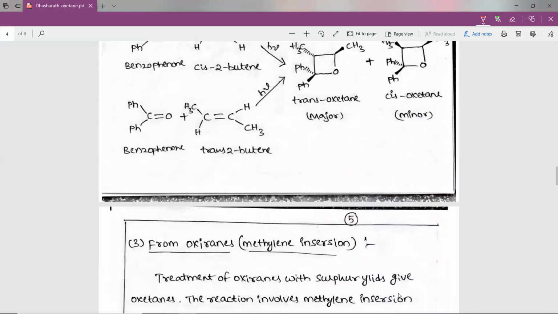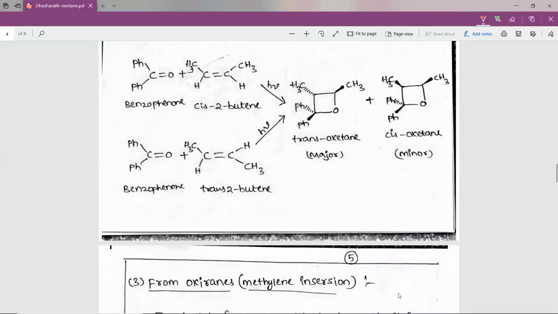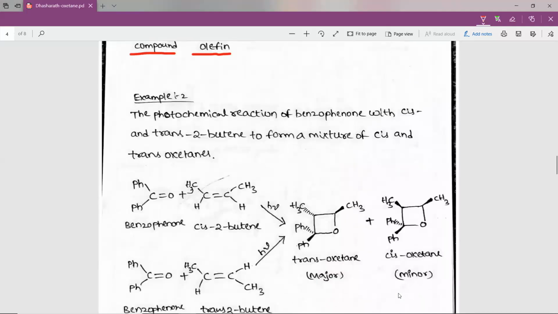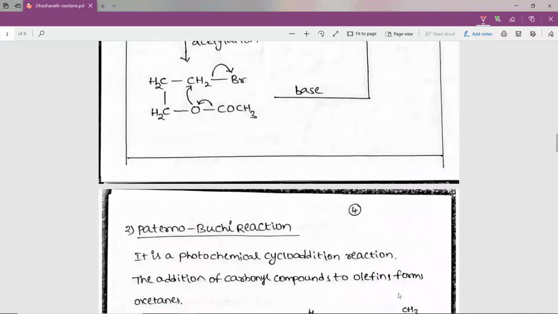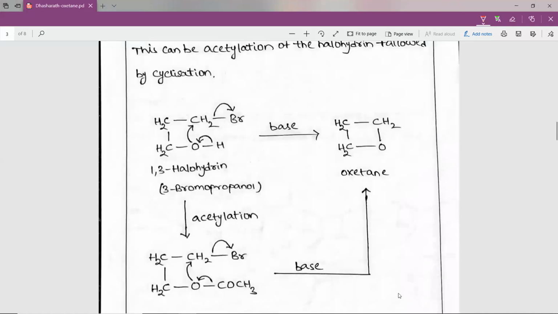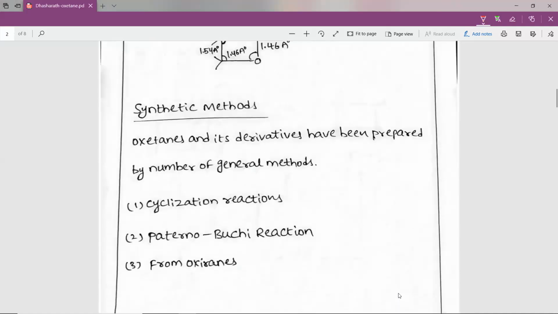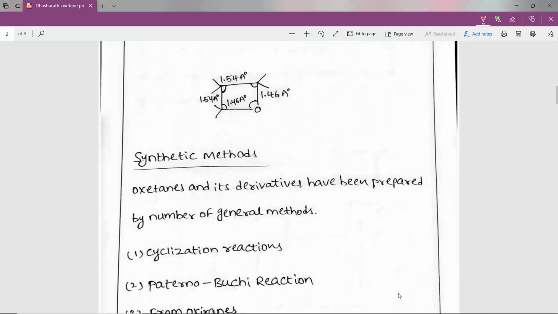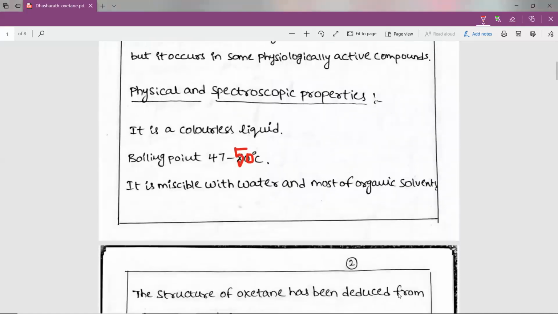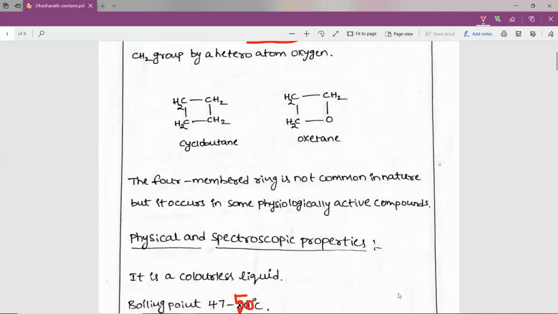It can be prepared by the Paterno-Buchi reaction, and it can be prepared from halohydrins. This is about oxetanes, different methods of synthesis and reactivity. These are some physical properties.